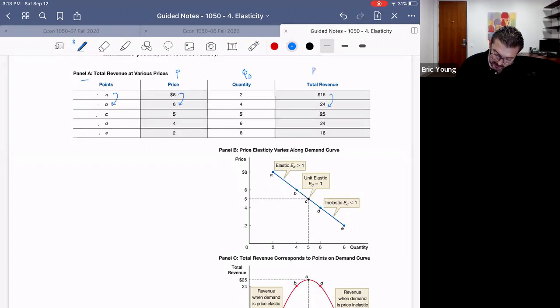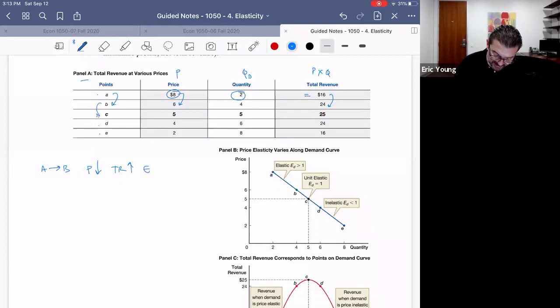Again, total revenue, P times Q, so we simply multiplied 8 by 2 and got 16. So as we move from A to B, as the price went down, the total revenue went up. And that's elastic. We just described that.